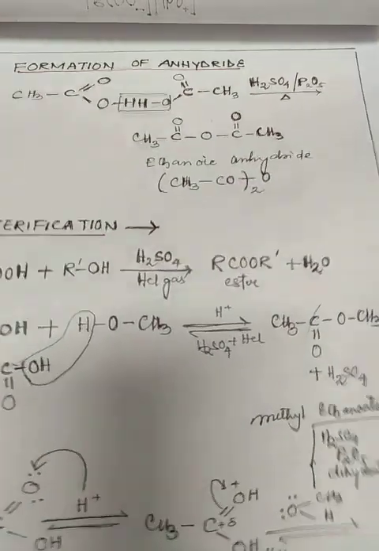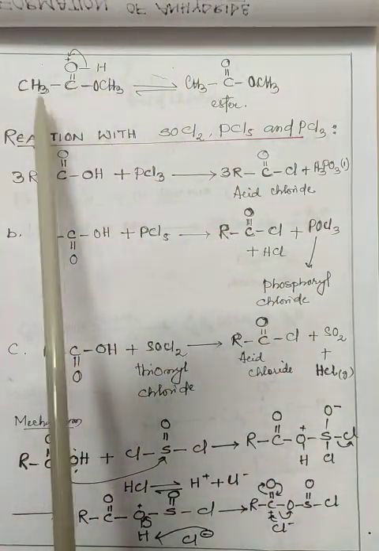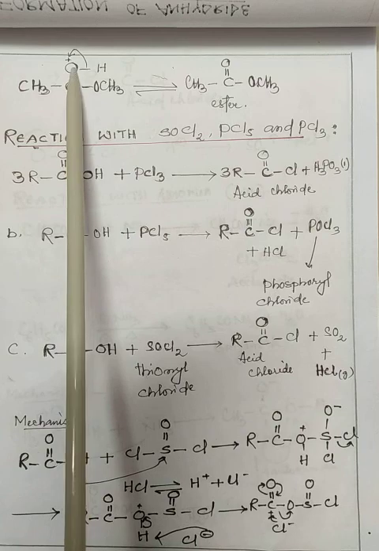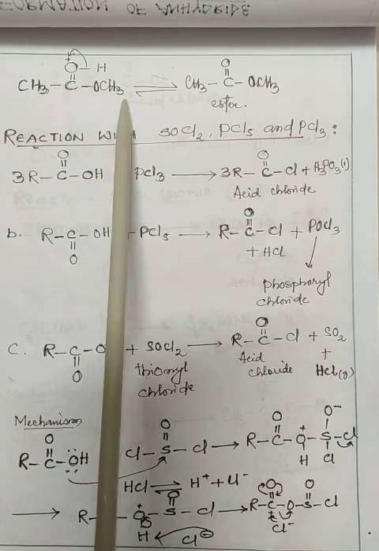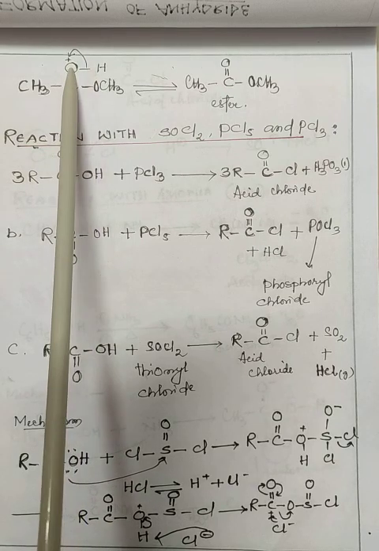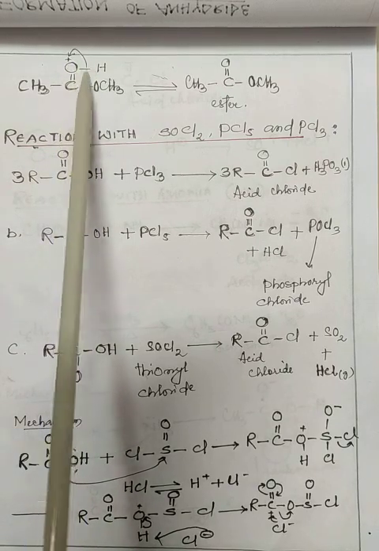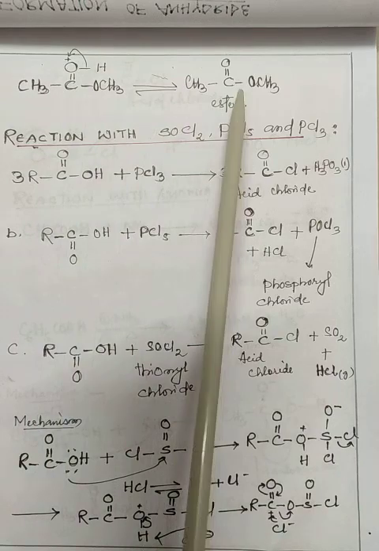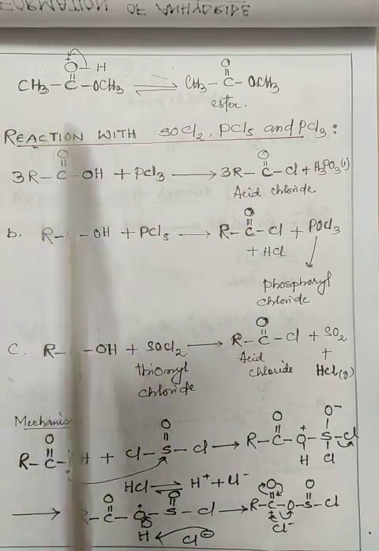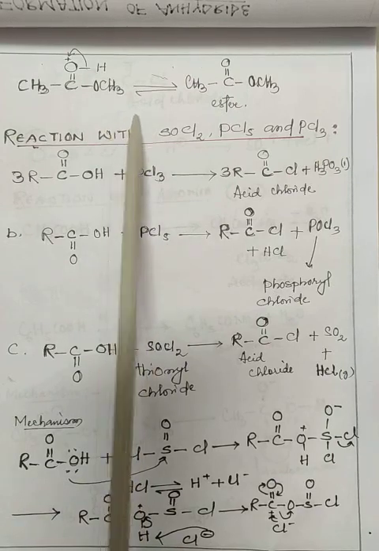So after this product, what we will get here is CH3, then C double bond O, then OH, and then OCH3 we will get. Now in this also, this one will have to break, and then after that forming ester. So this is the esterification mechanism.